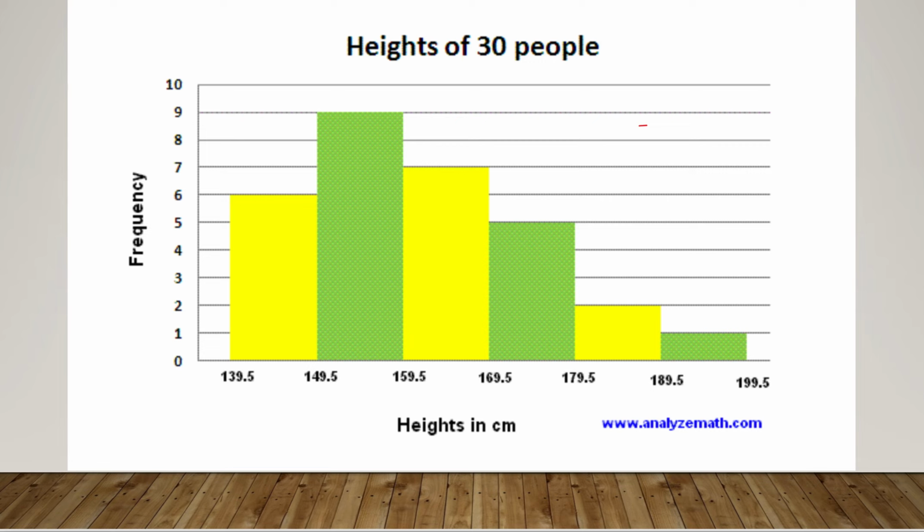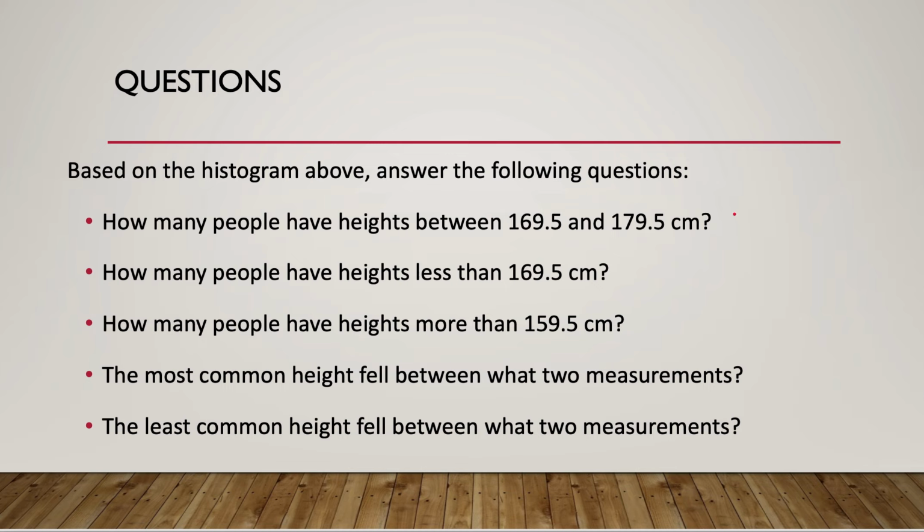We want the number of people between 169.5 and 179.5. So here's the 169.5, here's the 179.5. We're looking at this particular bar, and we know that that bar has a height of 5. If I look at the top of the bar, I can see that it is at 5. So the number of people between 169.5 and 179.5 is going to be 5.